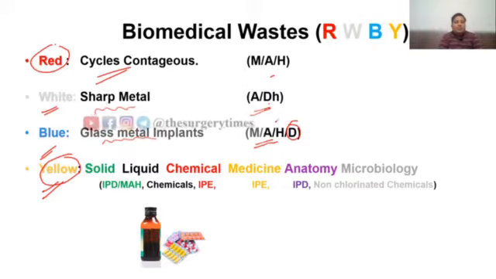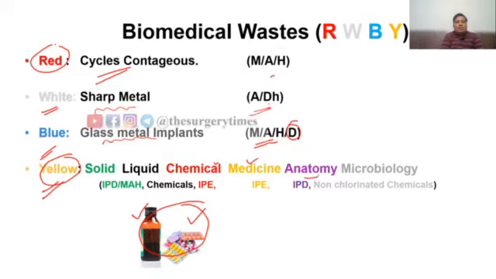Now next is yellow bag. Here one picture is there: solid, liquid, chemical, medicine, so that you remember anatomy and microbiology. Solid means it is soiled, like soiled dressings, then our plaster of Paris cast, all these are soiled. Then liquid, chemical, medicine.